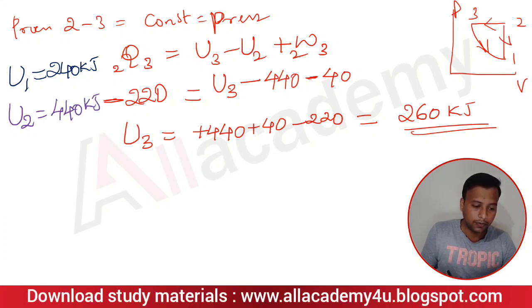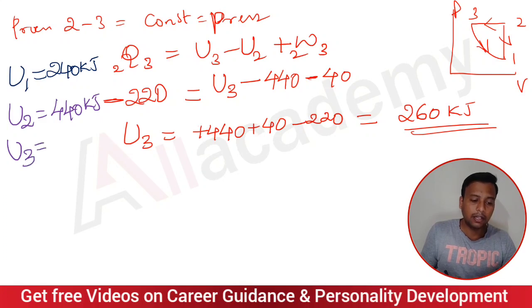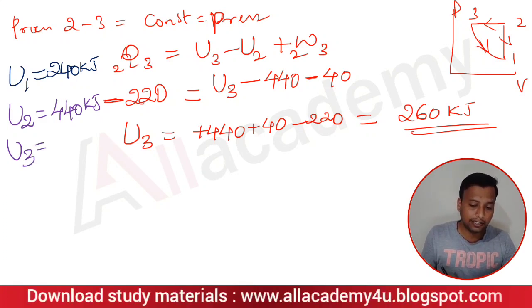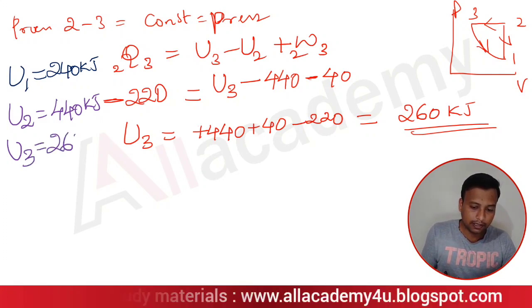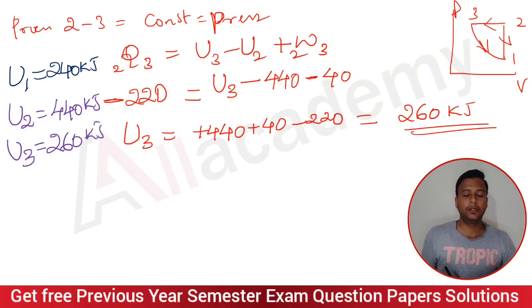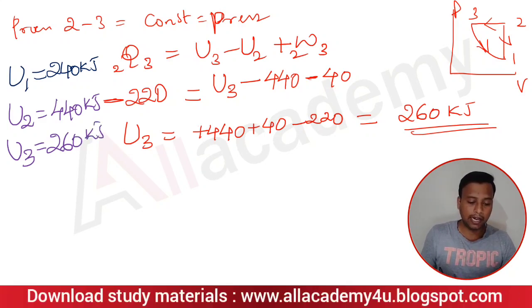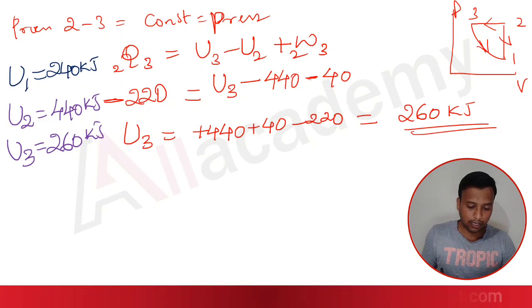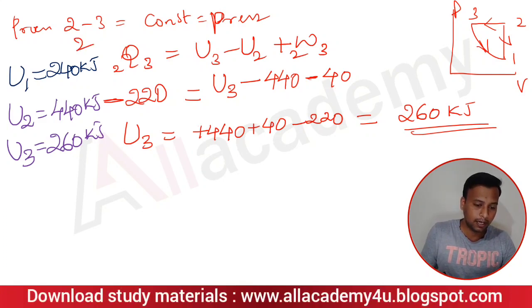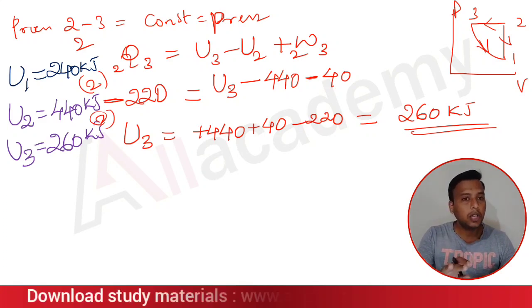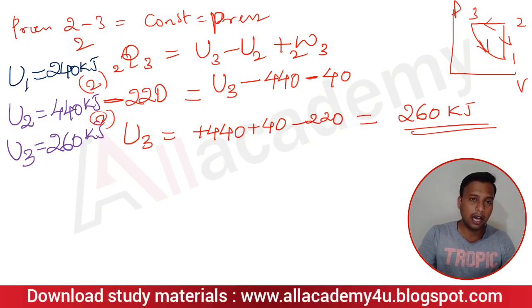Now U3, the internal energy at condition 3, is 260 kilojoules. If you identify these three, you will get 2 marks for each one. So a total of 6 marks is already allotted, and 2 marks or 1 mark for this one.